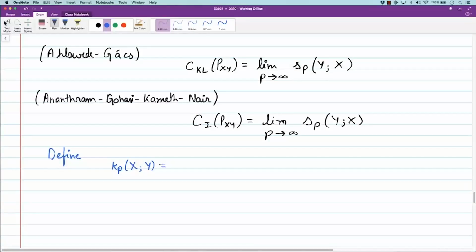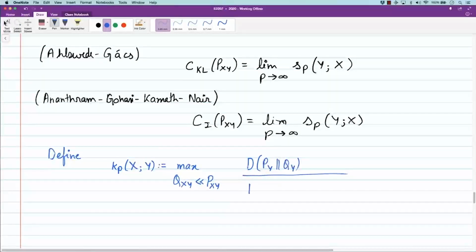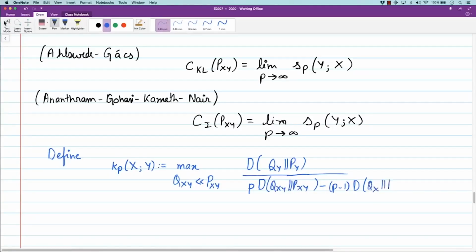Okay, so kappa xy is defined as the max over all distributions qxy that have density with respect to pxy of the divergence between qy and py divided by p times the divergence between qxy and pxy minus (p minus 1) times the divergence between qx and px. Okay, the input output.